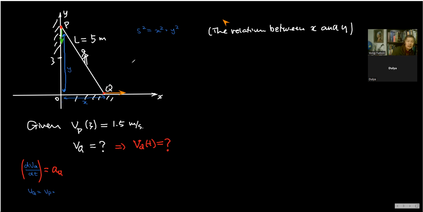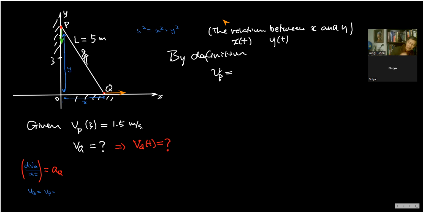All right. So in this case, X and Y are both functions of time. In other words, they are implicitly functions of time. So by definition of velocity, what is velocity in physics?